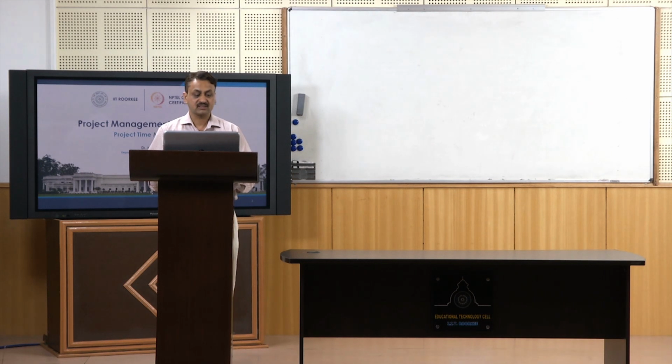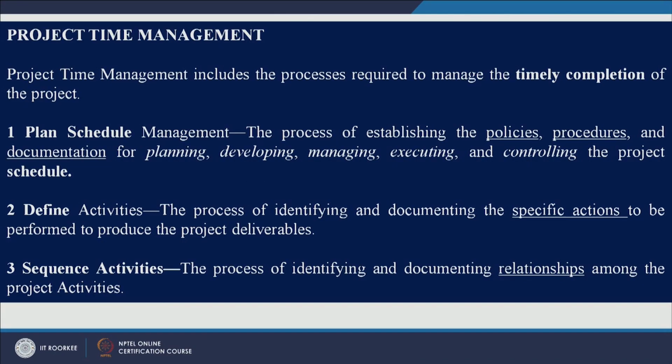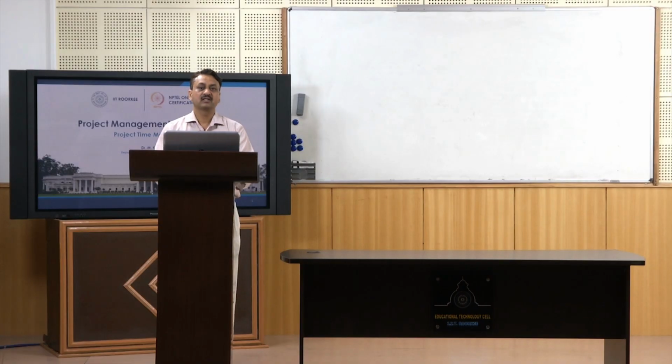Once you are done with this, you need to define activities. What are the different activities you are going to perform in your project? You identify those activities first, document them, and then list them down. The third point is sequence activities.